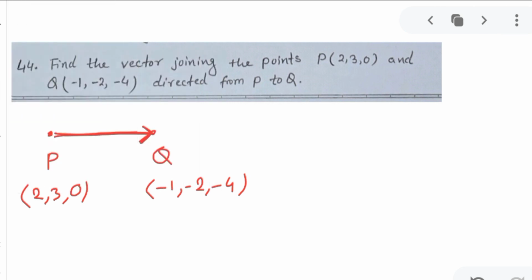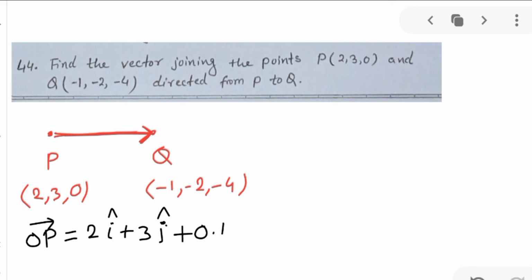So if you want, you can write this in vector form. Position vector of P, with coordinate 2, 3, 0, will be OP, that is 2i plus 3j plus 0 into k.